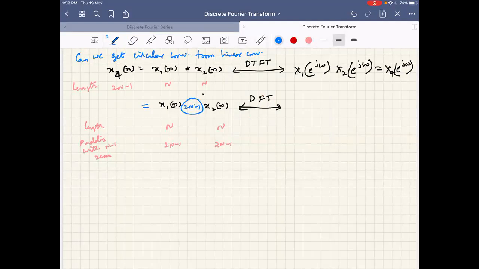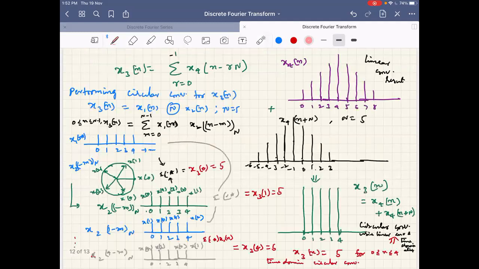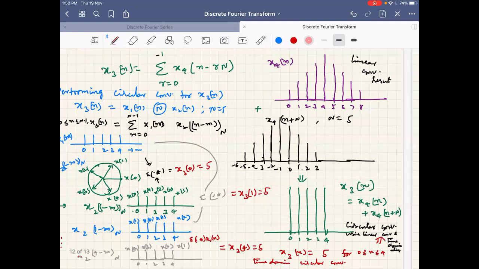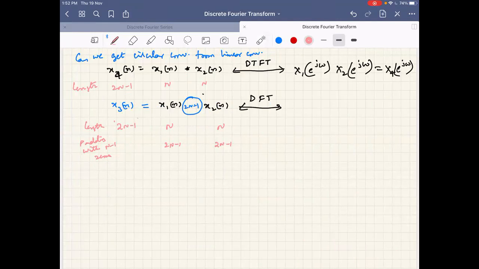If we do that, then what we get is x3 of n of length 2n minus 1, because this length doesn't depend upon the length of the sequence, but upon the length of the circular convolution. You will be keeping zeros in between and then circularly shifting, and hence the summation also goes up to 2n minus 1, so the length will be 2n minus 1.